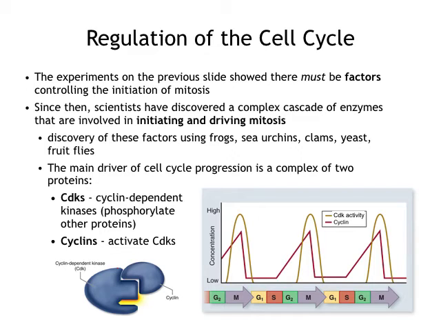And right after the level of cyclins drops, CDK activity turns off. So CDKs, which are the enzymes that are actually driving the cell cycle, are turned on and off by cyclins. So that's why they are cyclin-dependent kinases.